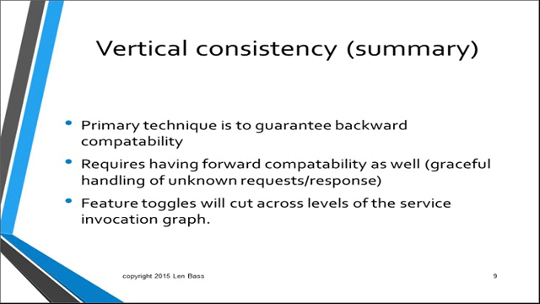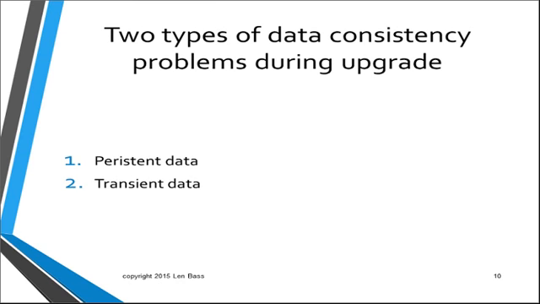Feature toggles will cut across levels of service, so the feature toggle manager that we talked about last time will manage multiple levels as well as within a single service.